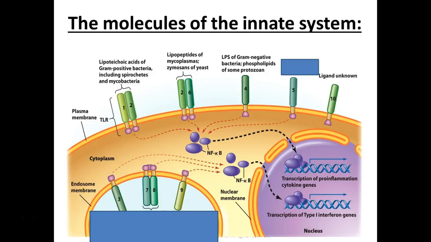And remember, that's the outer leaflet of all your gram-negatives. So in general, we're going to recognize gram-negatives. This also recognizes phospholipids of some protozoa. So again, this is very general, right? Lipopolysaccharide. What's the last one?